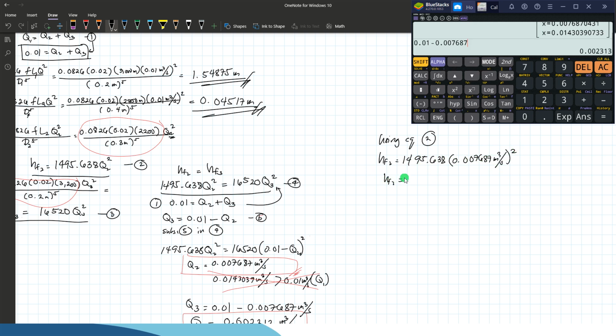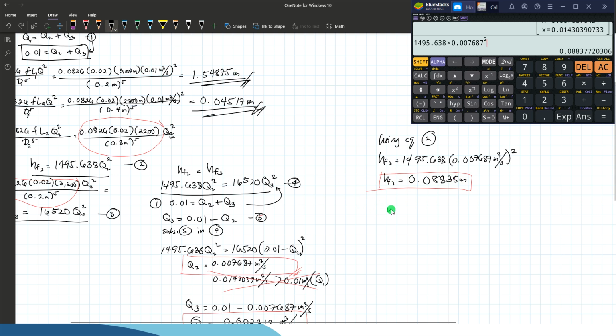That gives 0.08838 meters. That's the answer.